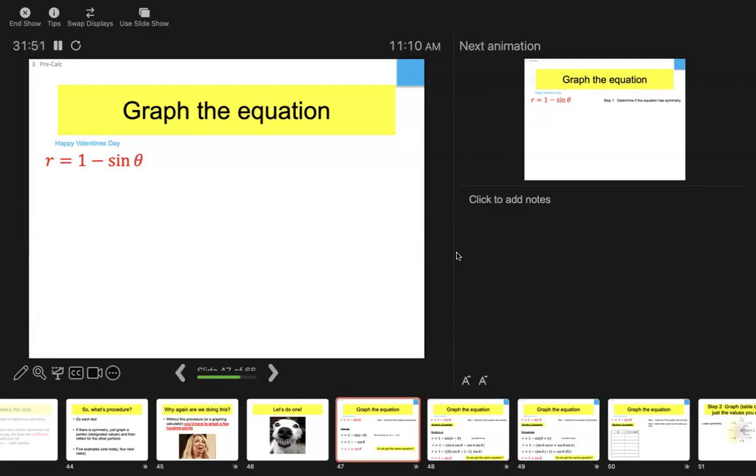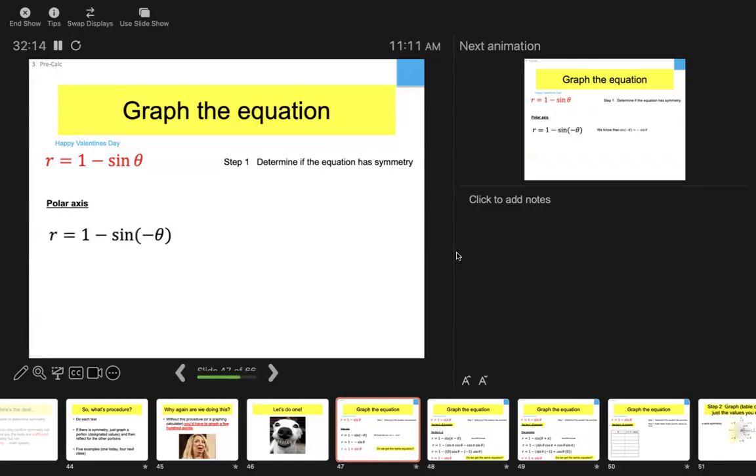Okay, so the procedure is tonight for homework, they're going to give you an equation, it'll be polar, and they're going to ask you to graph it by hand. Step number one is the 3 tests for symmetry. It doesn't matter the order that you do them in, but I'm going to do the order that I gave you. What was the first test for symmetry? So I replace theta with negative theta, and I see if I get back to the same thing.